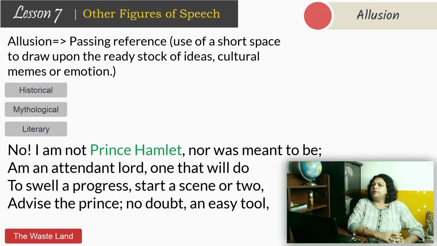Wasteland is full of literary, mythological, historical allusions. It's so dense, packed with allusions, and that's the reason why I am really very apprehensive to take Wasteland up. I love that poem and I'm comfortable with the poem, but the problem is not with the poem. The problem is the way in which we have to deal with the references.